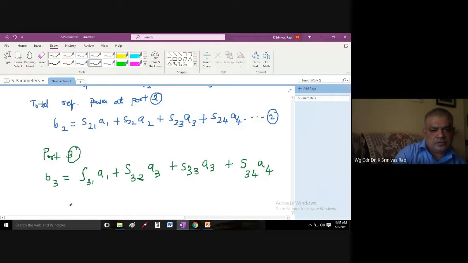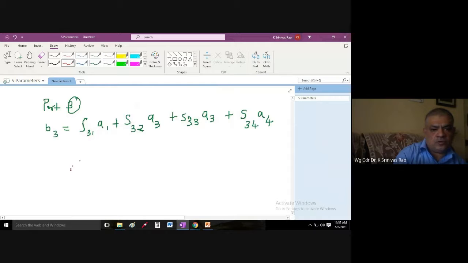So accordingly, I can also write one more equation, which is nothing but port 4.